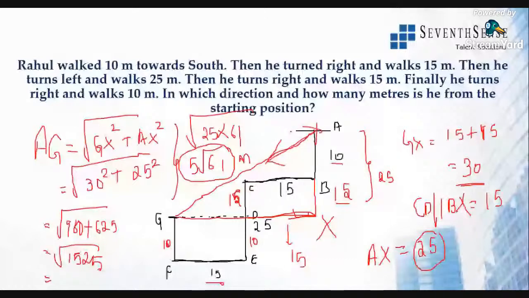So this is west, this will be south, this will be west. So from the starting point, he will be towards southwest at a distance of 5 root 61 meters. Clear? So please solve this once again. You will understand where and how to consider the values. Answer will be 5 root 61. Don't worry about the values, because you just need to substitute the numbers we have there. That's all. Clear? All right, we'll go on to the next question.